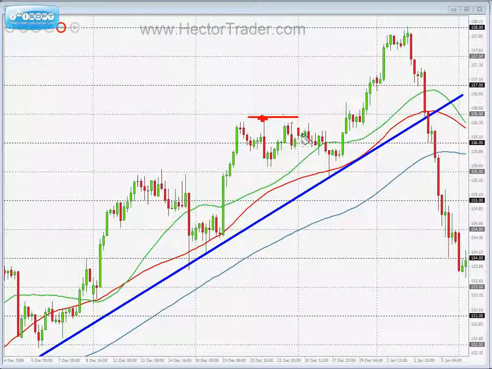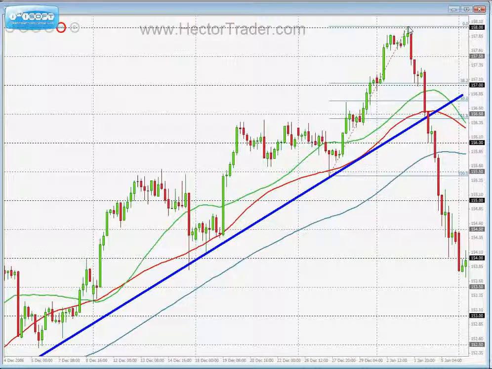So that's another element. Let's see, we have a Fibonacci retracement around this area. Yes, we have the 61% Fibonacci level right there, also at 156.40, 156.45, around there.